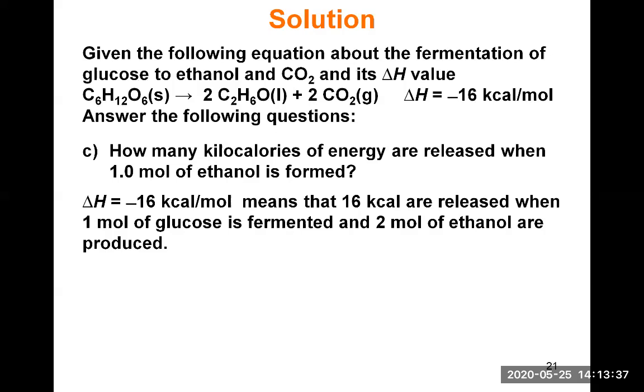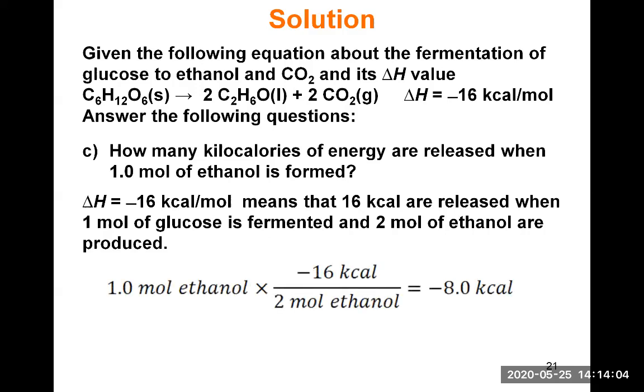So that means we will use the equality that says 16 kilocalories released per 2 moles of ethanol, right? Now we need to focus on ethanol, and so we have this amount of energy, but when we have produced 2 moles of ethanol. So now if we take the given amount in the question, it's 1 mole of ethanol.